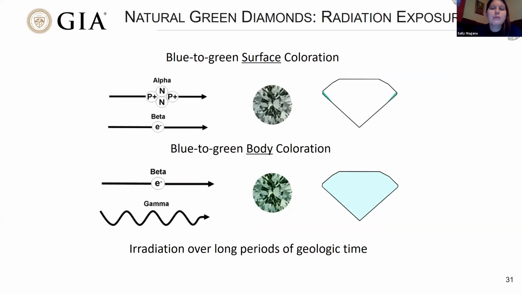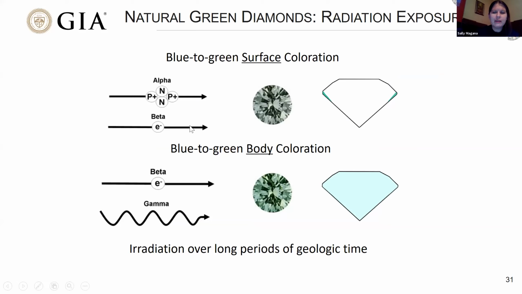With radiation exposure, a lot of natural diamonds have a surface coloration due to it coming into close contact with radioactive grains while it's sitting in the crust of the earth. It's not very deeply penetrating. It doesn't leave behind anything that can be considered permanent once the rough diamond is faceted.